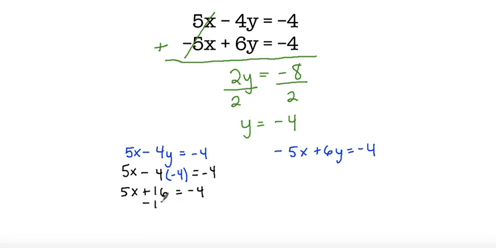So then we'd subtract both sides by 16. 5x is equal to negative 20. If we divide both sides by 5, we get x is equal to negative 4.